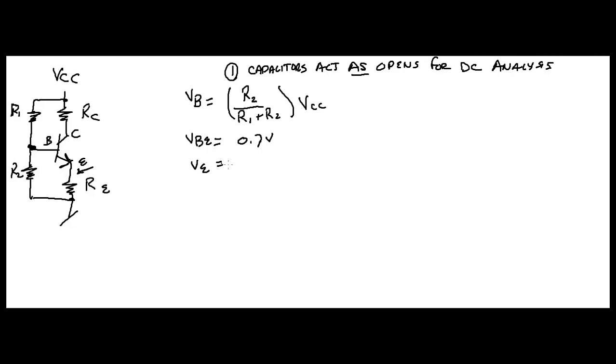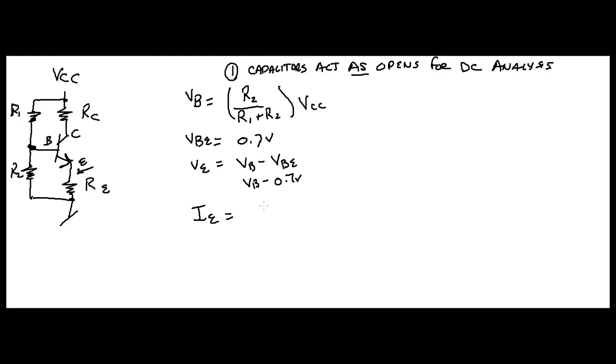VE is going to equal your base voltage minus VBE, which really is just equal to VB minus 0.7 volts. That's what that is. So now you have VE. So if you know your voltage down here and you know what RE is, well, you can calculate your emitter current.